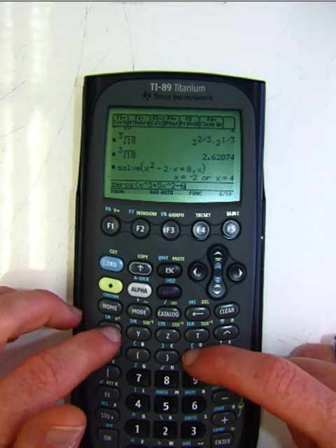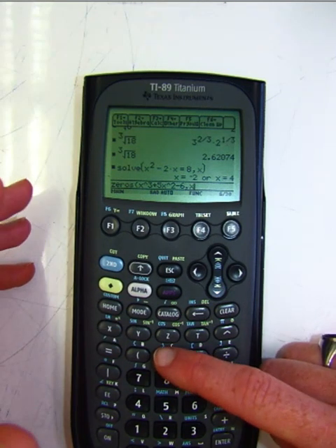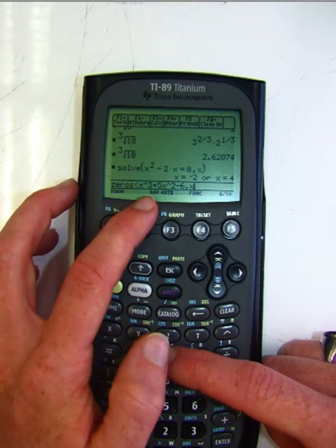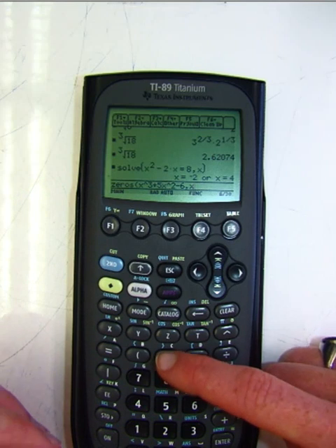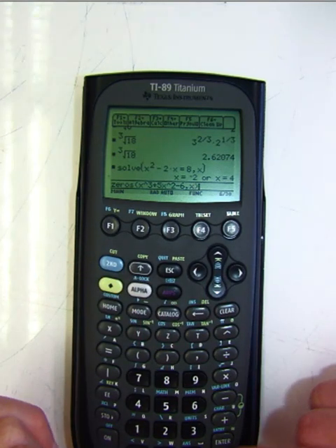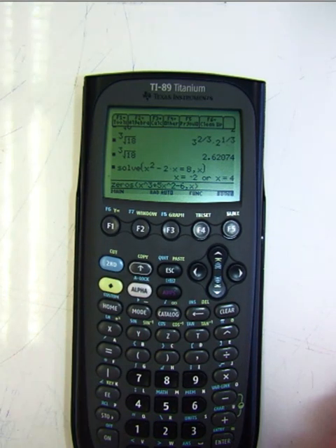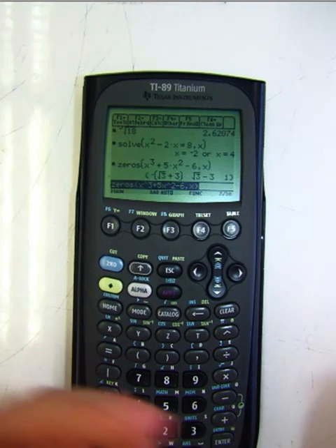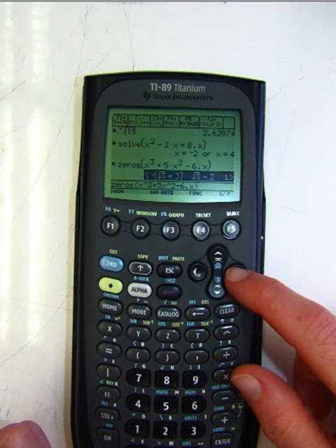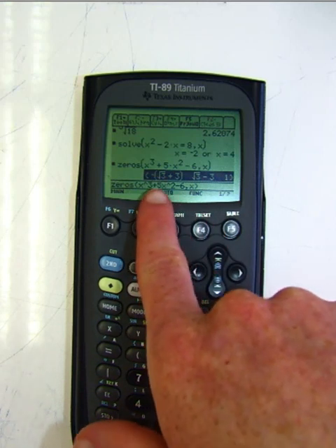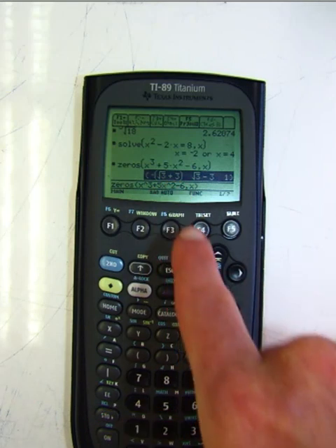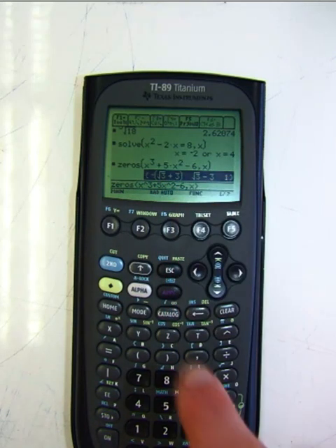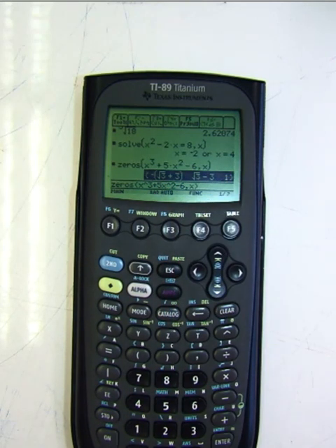Now I still have to say comma x. I always have to tell it what my variable is. So I put that in, comma x, close my parentheses, press enter, and notice it gives me 3 zeros here. I've got negative square root of 3 plus 3, the square root of 3 minus 3, and positive 1.